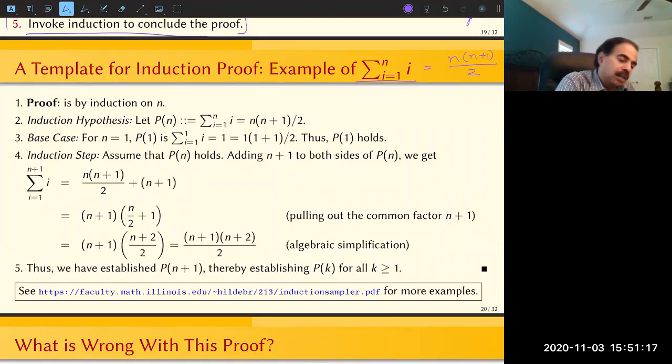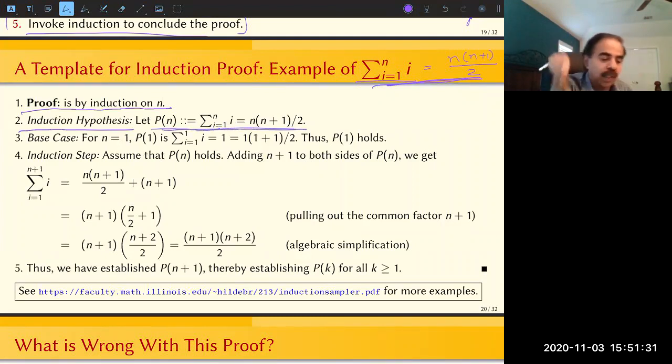So the first step, we say that the proof is by induction on n, and then we write down the induction hypothesis, which is basically the condition that you are trying to prove. So you define P of n to be this equality: summation i equal to 1 to n of i equals n times n plus 1 by 2.